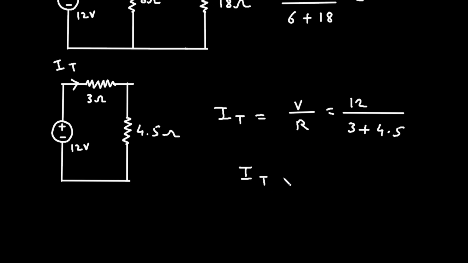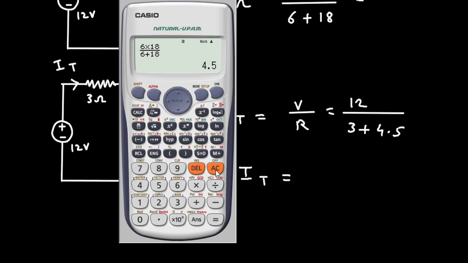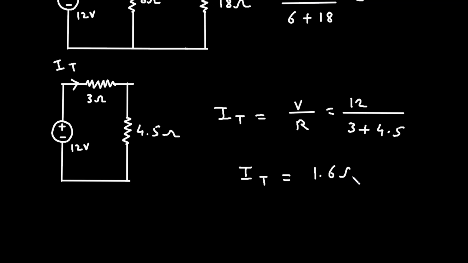So therefore IT is equal to 12 divided by 3 plus 4.5. So it is equal to 1.6. 1.6 ampere is the value of IT.